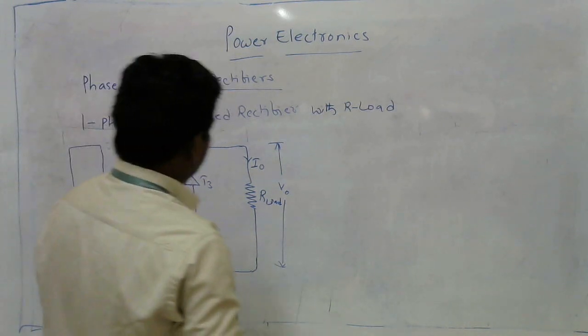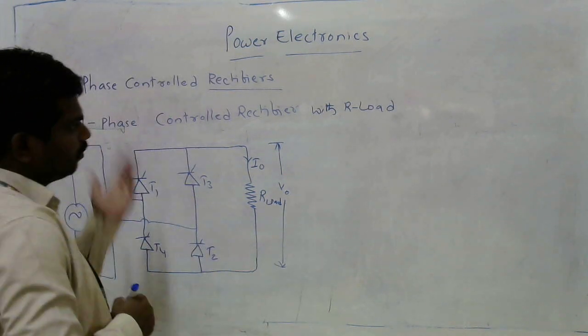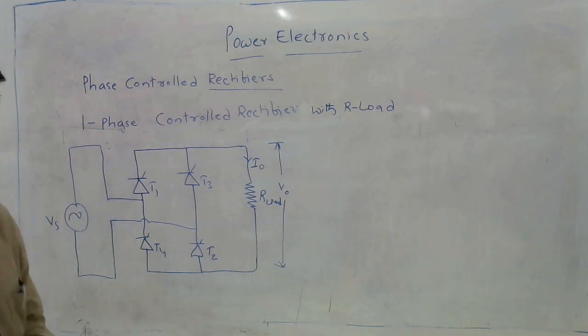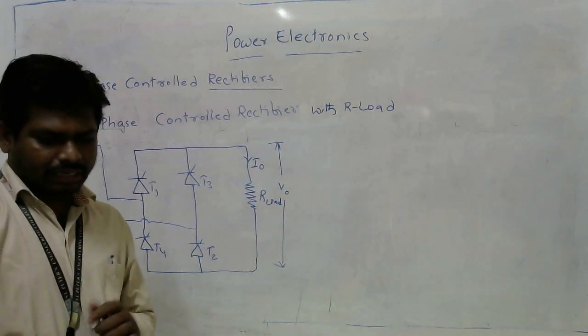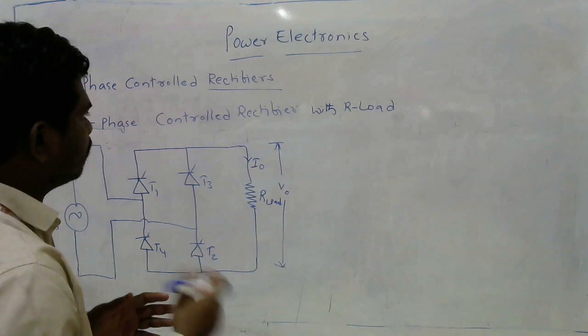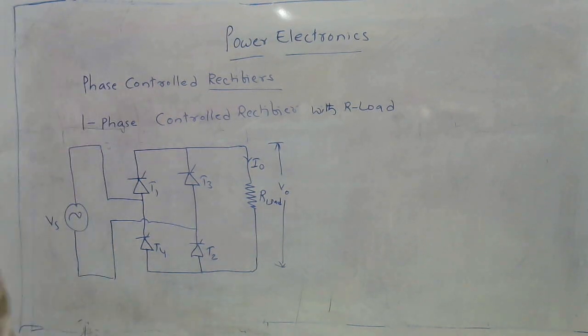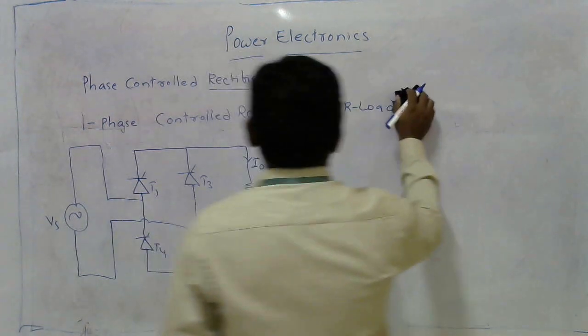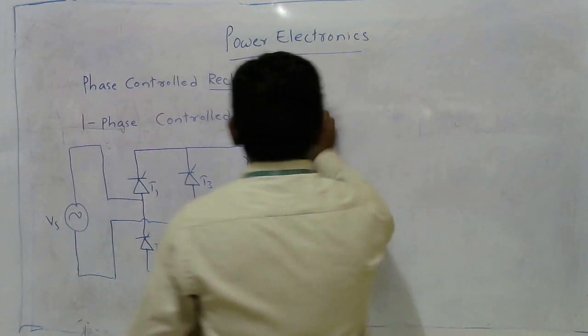Next, what is our aim? First we draw the circuit configuration, then go for the corresponding waveforms, by considering how the operation goes on for this configuration. Now we'll see.